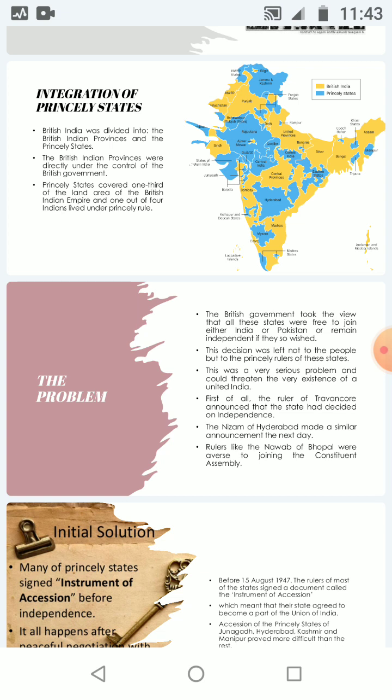First of all, the ruler of Travancore announced that they will remain independent. The same was declared by the Nizam of Hyderabad, Kashmir, Junagadh, Manipur, and Bhopal.